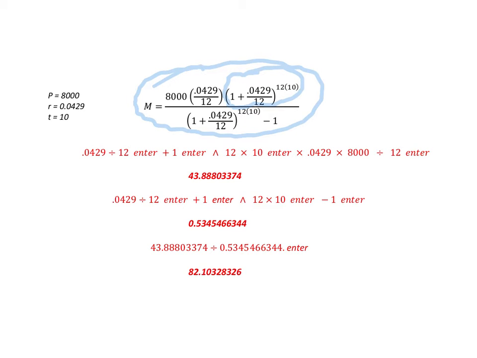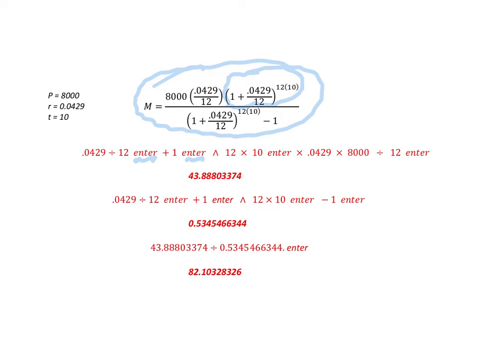So, if you look down below the line here in red, these are the actual keys you will strike on your calculator. So you start out by typing in 0.0429 divided by 12, and then you hit enter, okay? Then you say +1, enter.